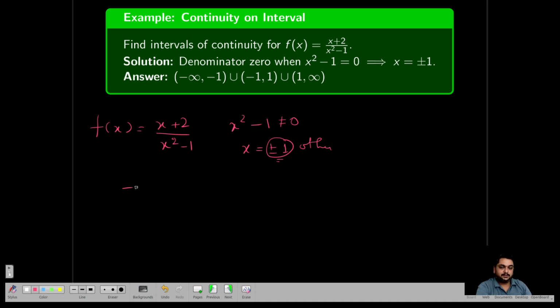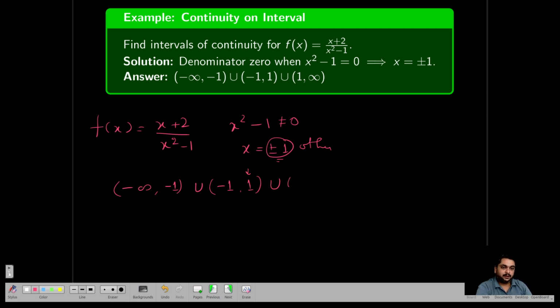How will you write? Starting from minus infinity till minus 1, not included, say minus 0.9999, something like that. Then union, from just after minus 1 to 1, because 0 is included, and 1 should not be included again.